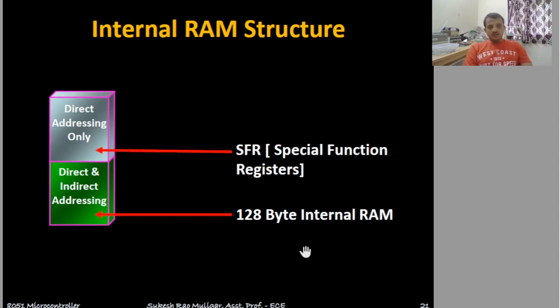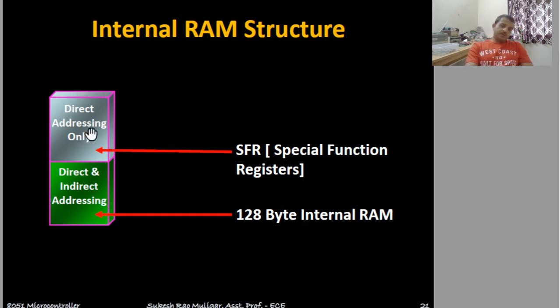The internal RAM, the 128 bytes that I am talking about, can be divided into two different sets. One can be addressed using direct as well as indirect addressing mode. Another will be addressed only using direct addressing mode. So the 128 bytes of the internal RAM can be addressed directly or indirectly.